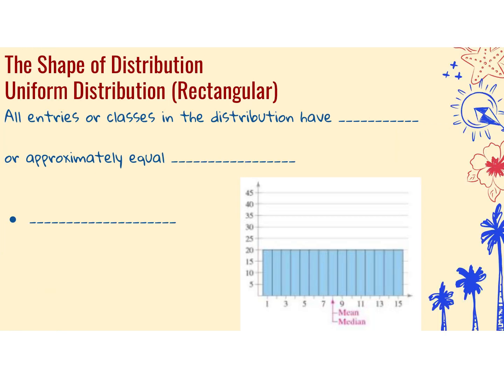We also have something called uniform distribution, rectangular. Entries or classes in the distribution have equal or approximately equal frequencies.